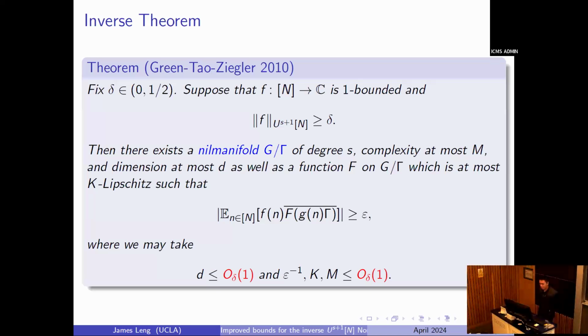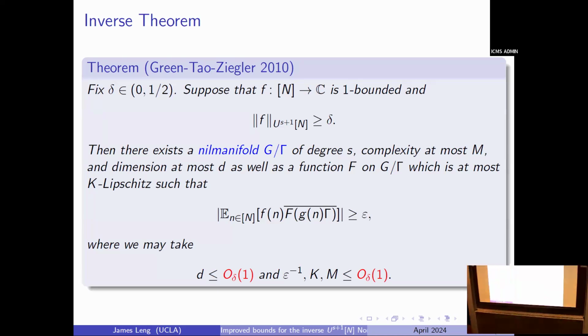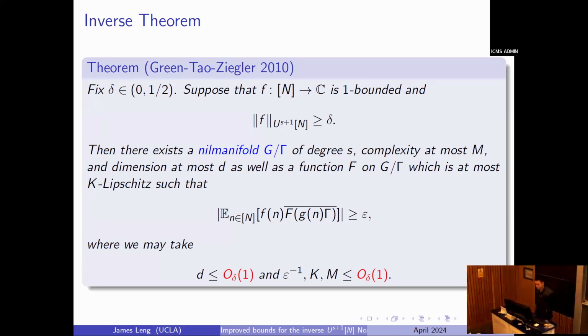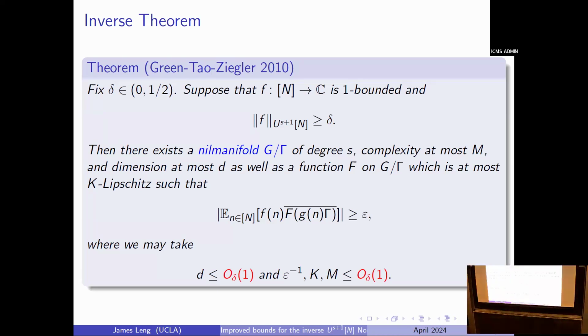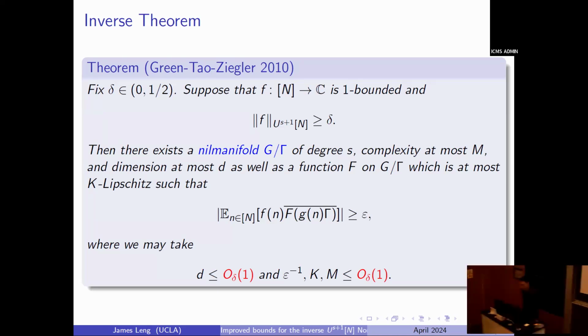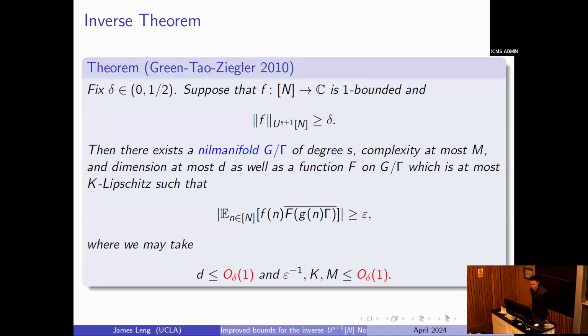So the Gowers inverse theorem states that if I have a one-bounded function with large Gowers norm, then it correlates with a nilmanifold of degree s. Here there are some other parameters, most notably dimension and complexity, and also this correlation parameter.